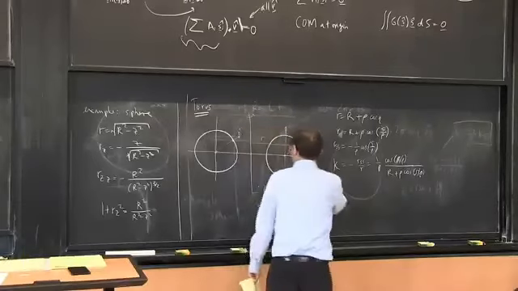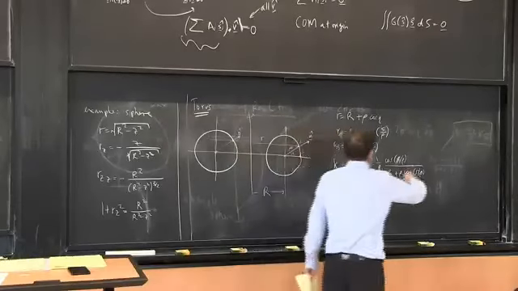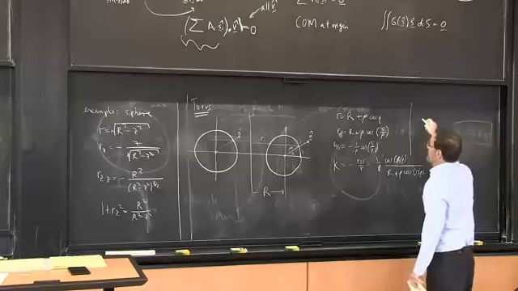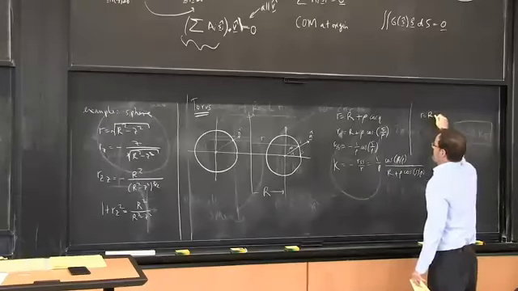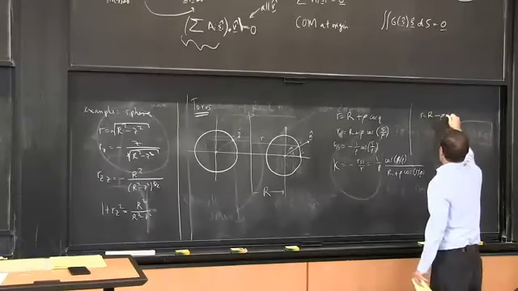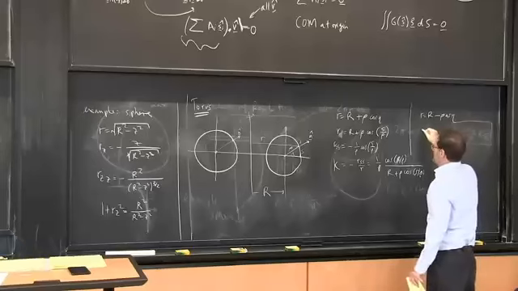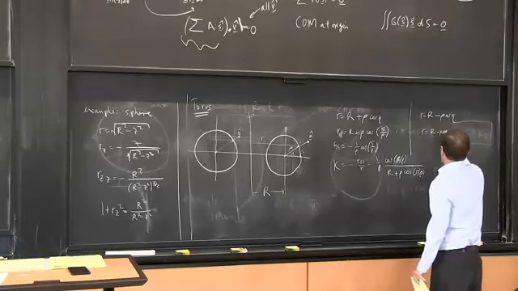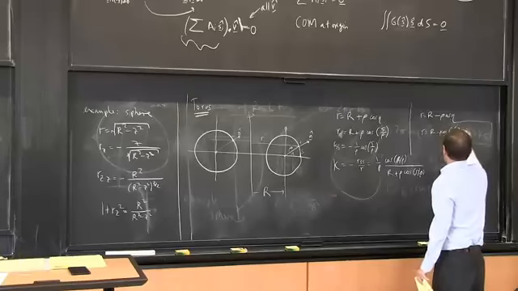So now what happens on the other part? Well, we can do the same calculation there, and now r is R minus rho cosine eta. And so r is R minus rho cosine s over rho.